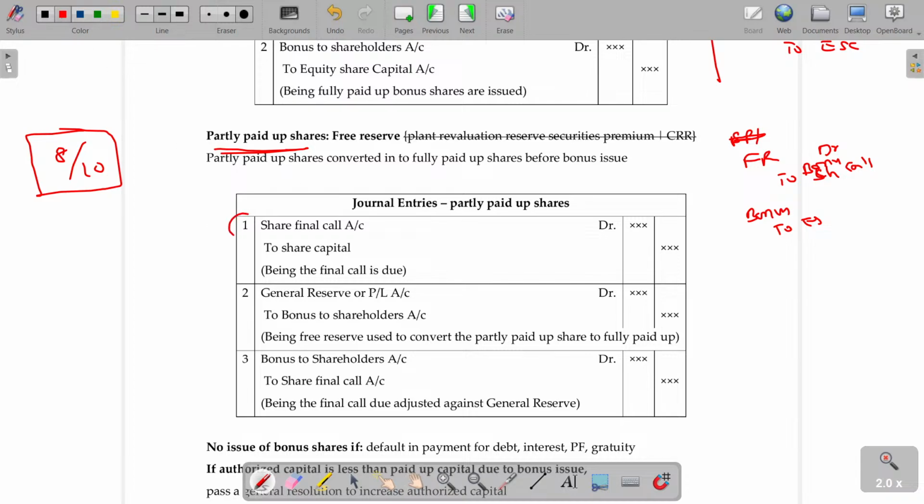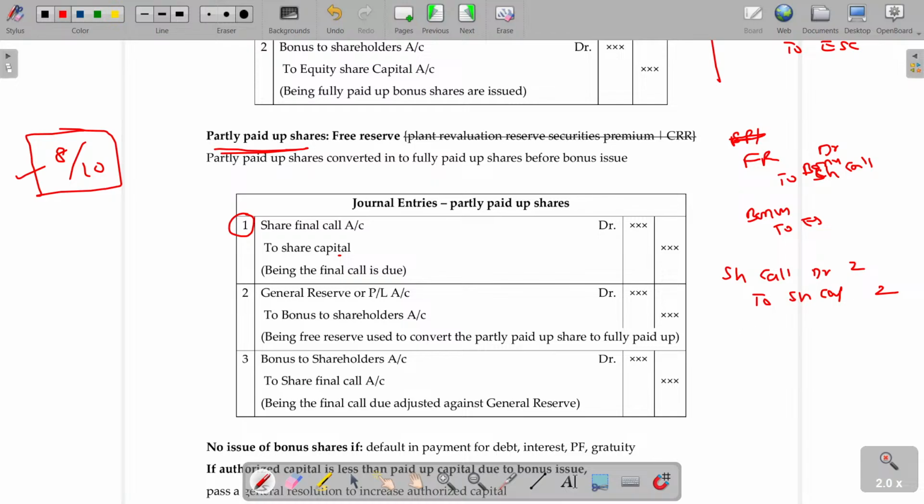The due entry is share final call account debit to share capital. But we have to collect the final call. No, instead of collecting, I now use the free resource. Here you see, what is the journal entry for the due? 2 rupees collected. Share call account debit to share capital, 2 rupees. But I am not going to collect it from you because the company is offering it free.